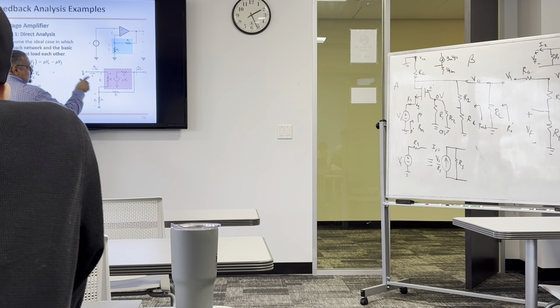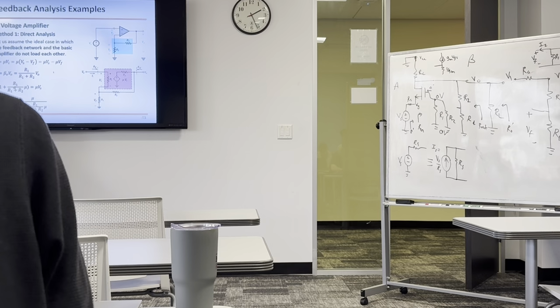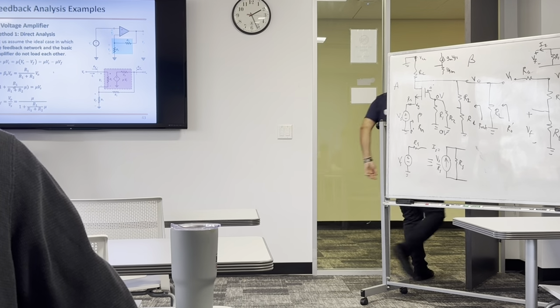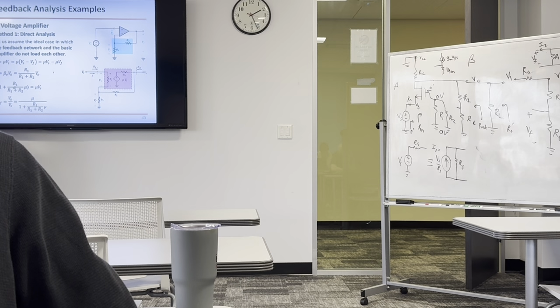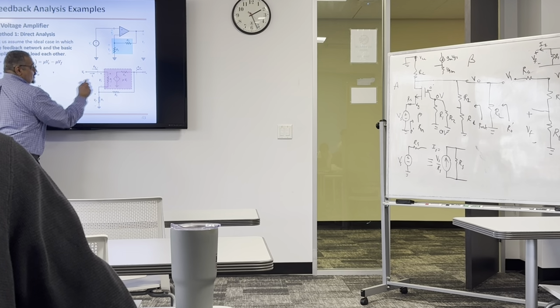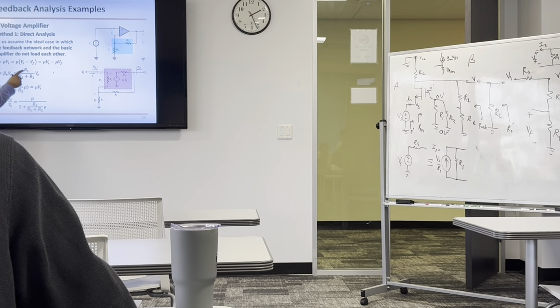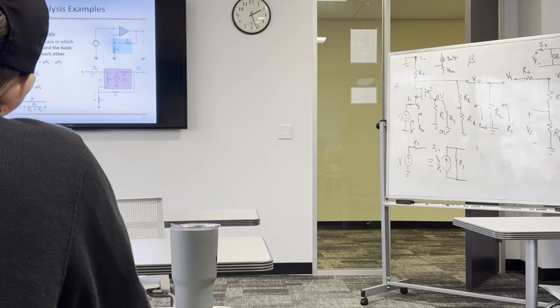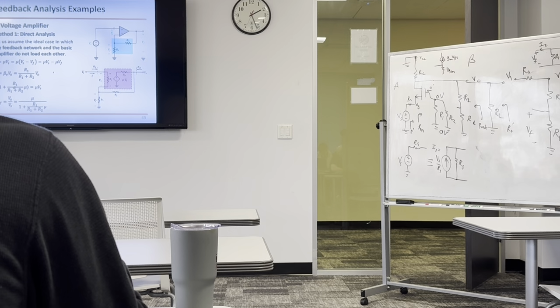This voltage is Vs, and this voltage is Vf. So mu times Vs minus mu times Vf. We know that Vf is a voltage divider from Vo if we assume Ri is very large. So we're going to multiply R1 by V out divided by R1 plus R2. Again, this is an approximation, and this one is also an approximation.